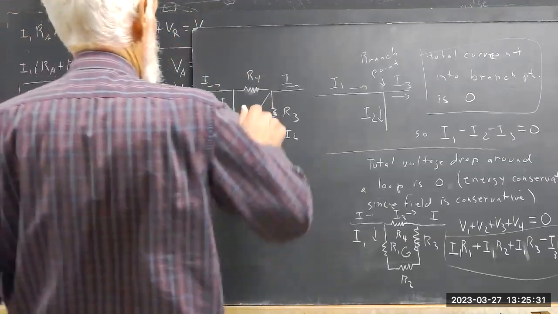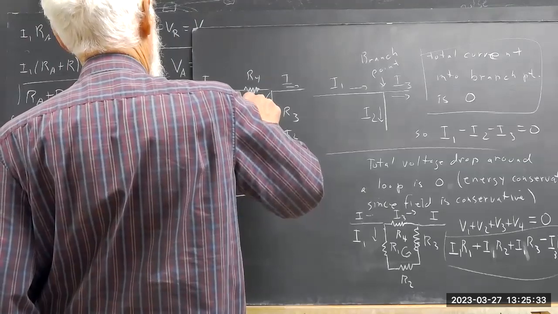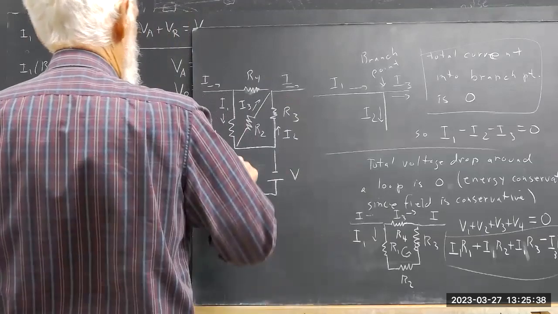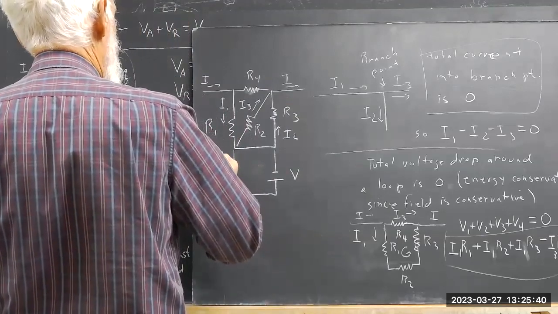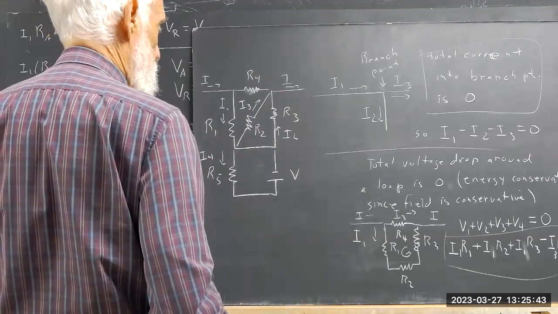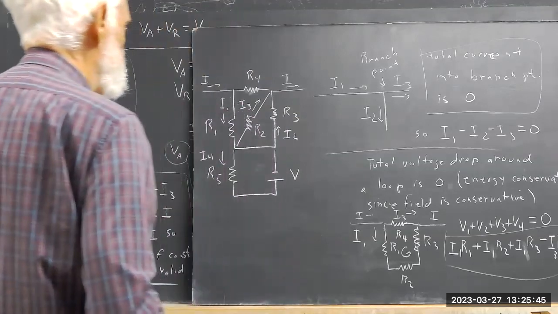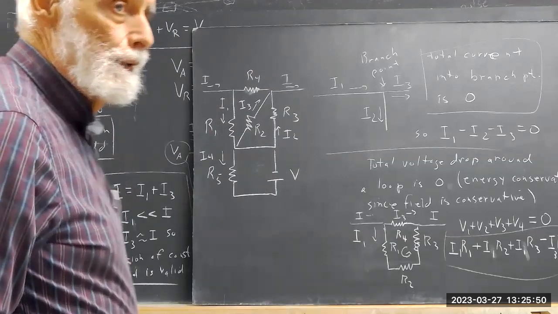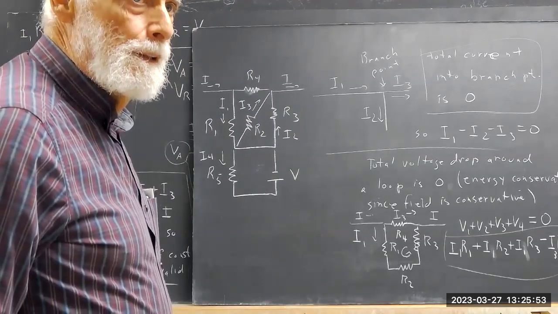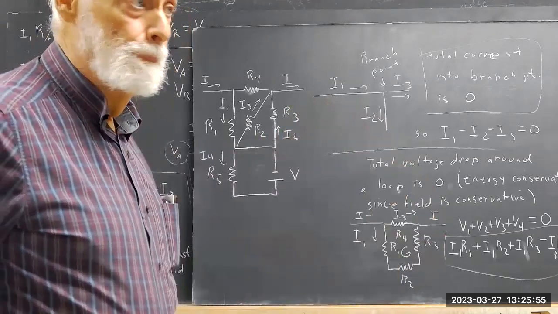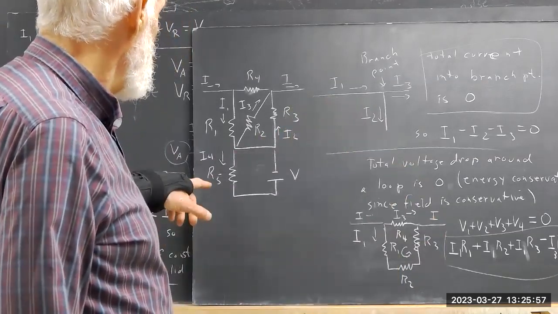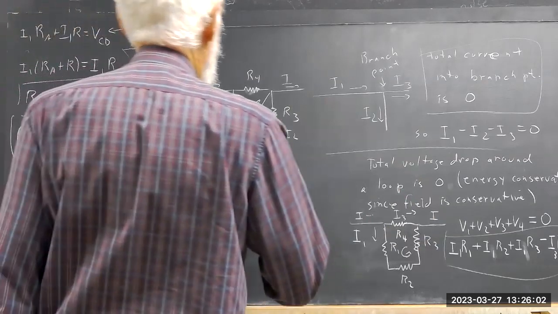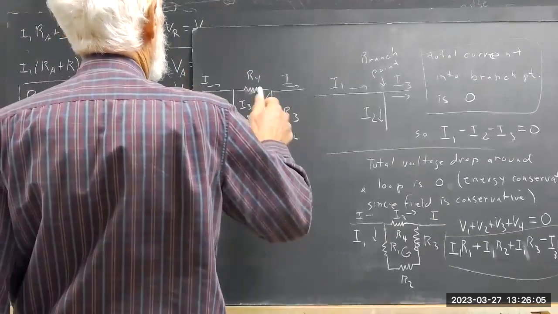Then I've got a current I3 here, I4 here. What am I gonna do about that? Well, I'm gonna start writing equations. I've got 4 different currents, and actually I'm gonna have an I5 here.